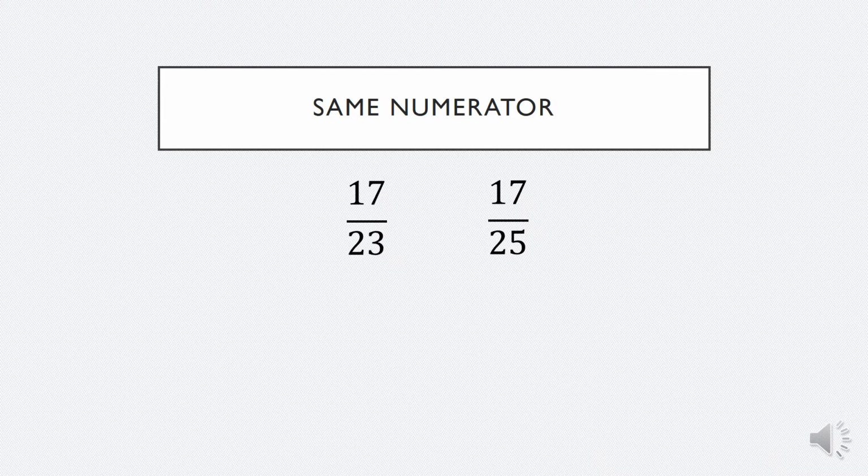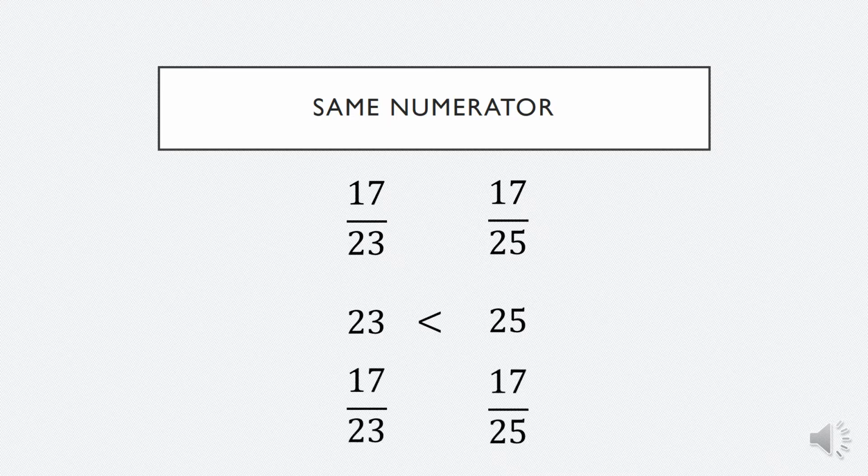So we are comparing 23 to 25. 23 is smaller than 25, which actually means 17 over 23 is larger than 17 over 25. So when they have the same numerator, you compare the denominators, and the one with the smaller denominator is actually the bigger fraction. Let's look at another example.